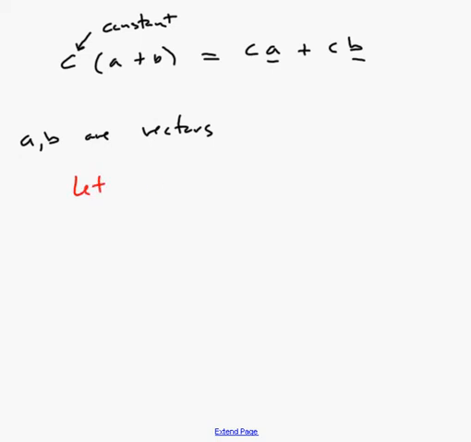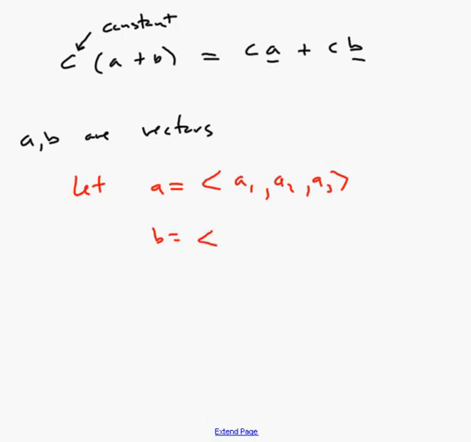Let's say this. We'll say let vector A equal the vector A1, A2, A3. You could do anything you want. We'll prove this for 3D vectors, and then you'll be able to convince yourself pretty quickly it would work for any dimensional vector. Okay?